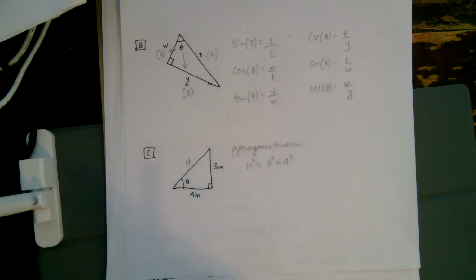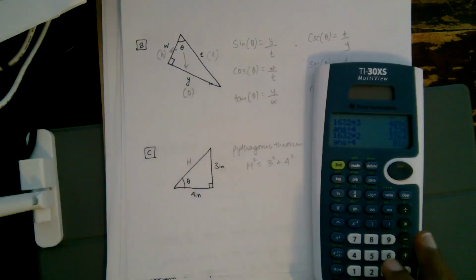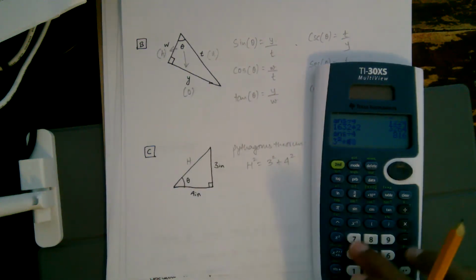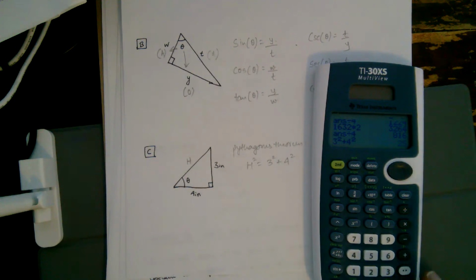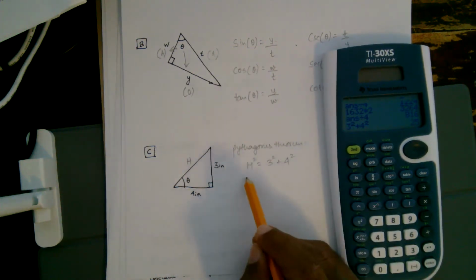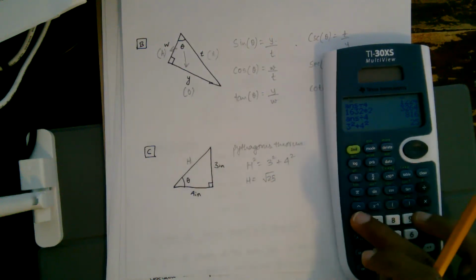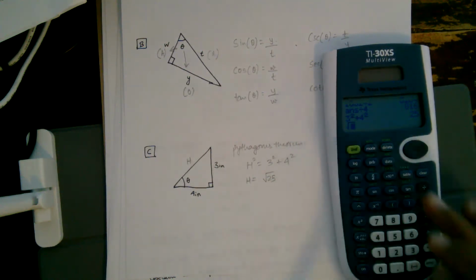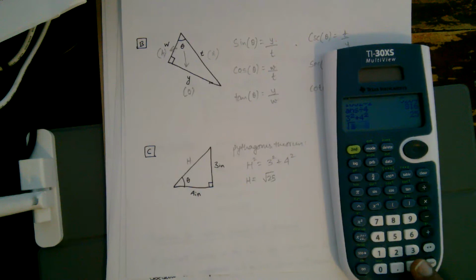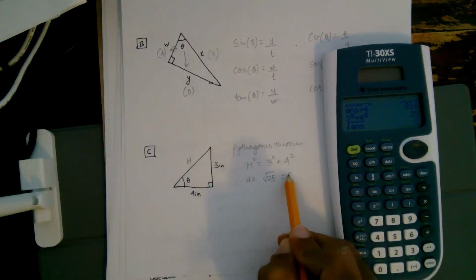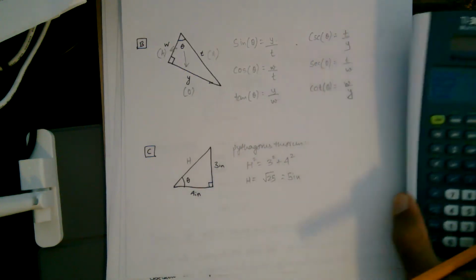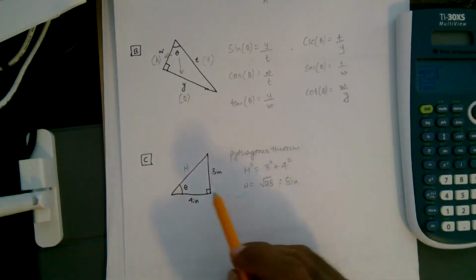I can plug that into the calculator as 3 squared plus 4 squared, which gives me 25. So I know h is going to be the square root of 25. Again, using the square root button, and you can use this button called answer, which takes the previous value, and I get 5. So now I have my hypotenuse as 5 inches.